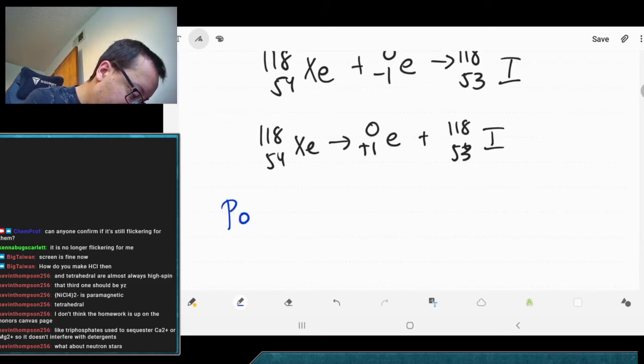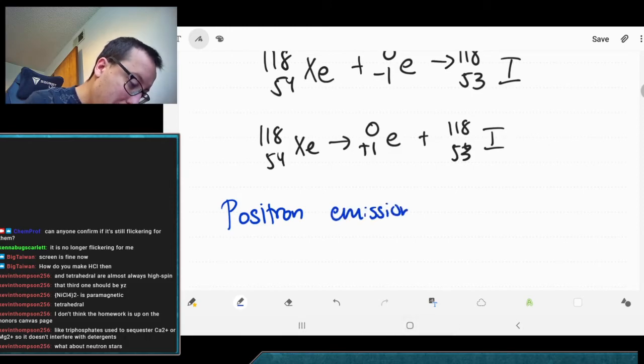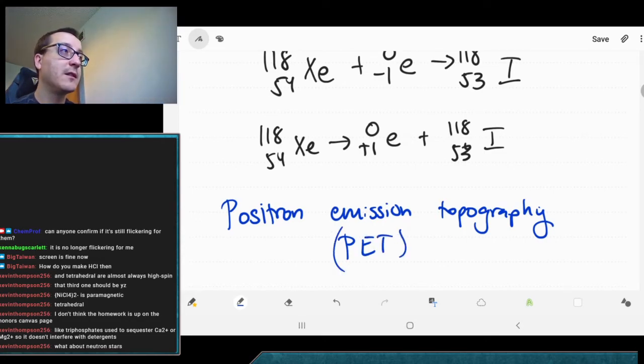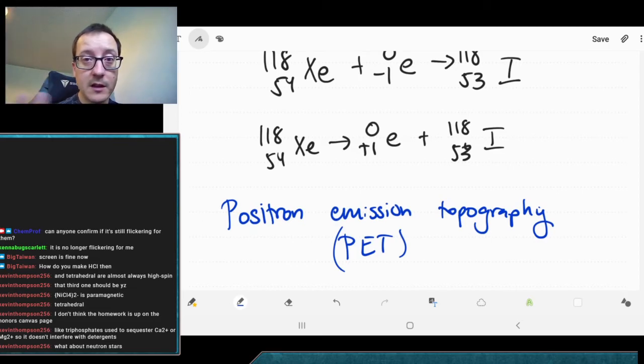Positron emission is used extensively in medicine. These are your PET scans, positron emission tomography. And what they do is they will put in a radioactive isotope of some nucleus.